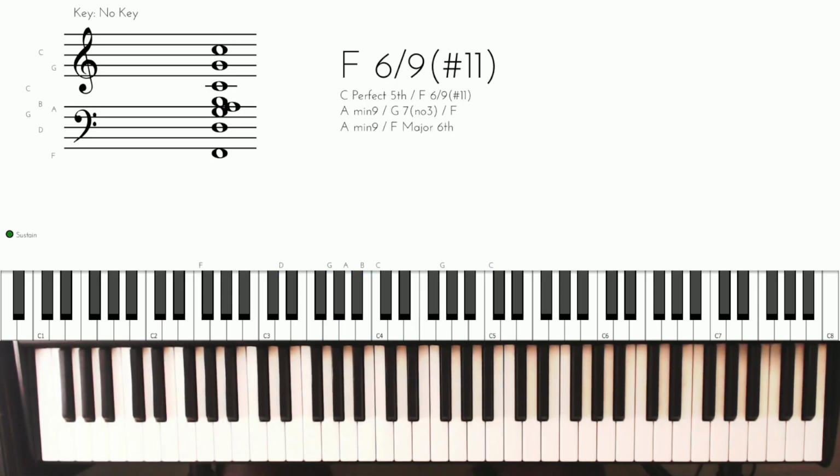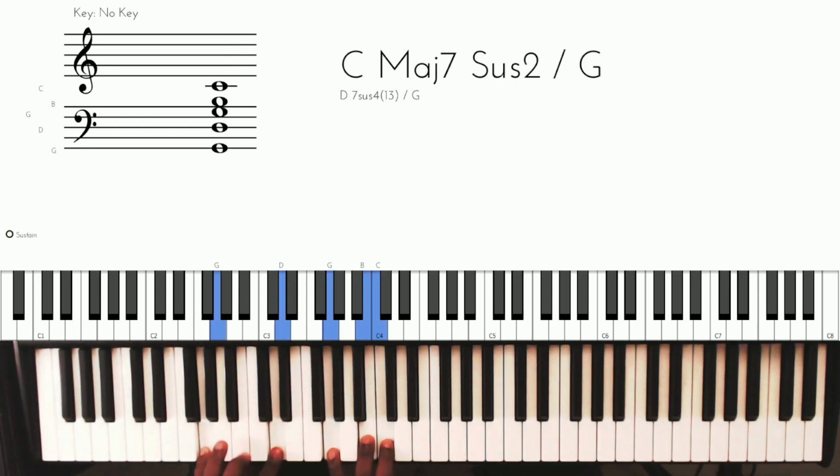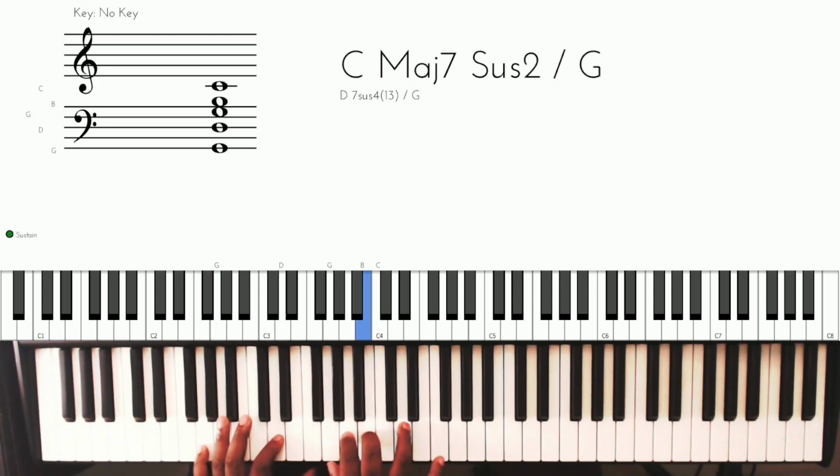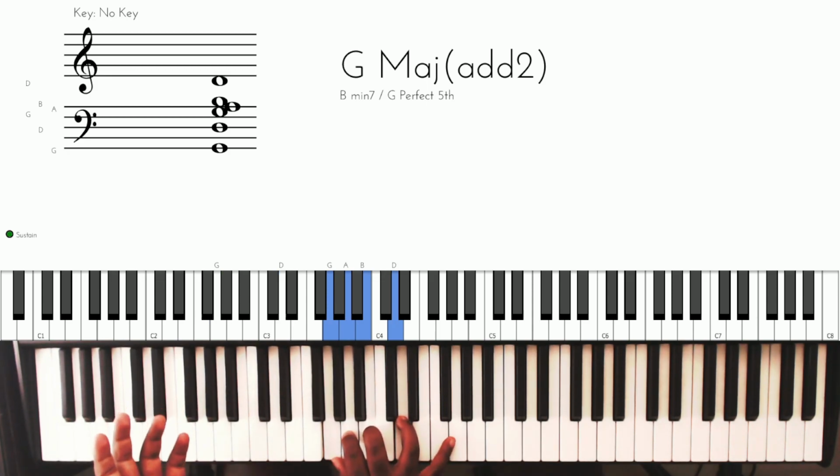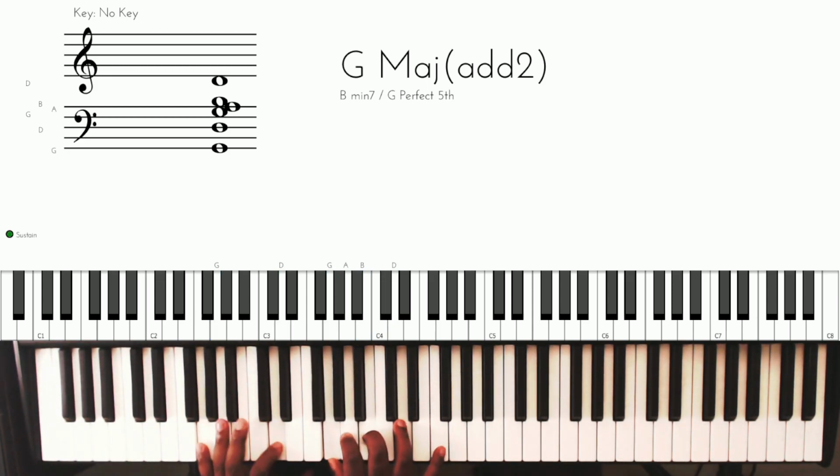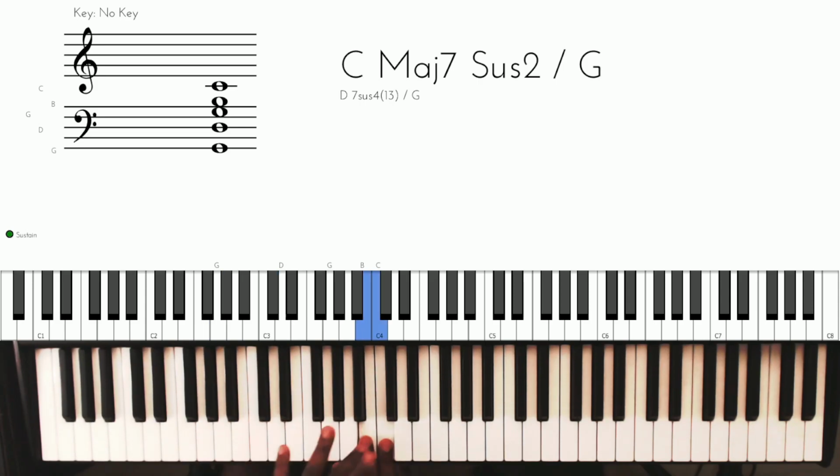Right? So let's move on to the 5. This is a common 5 that you hear today with this dissonant note here. So it's not a regular 5 like this. It sounds as if it wants to resolve somewhere.